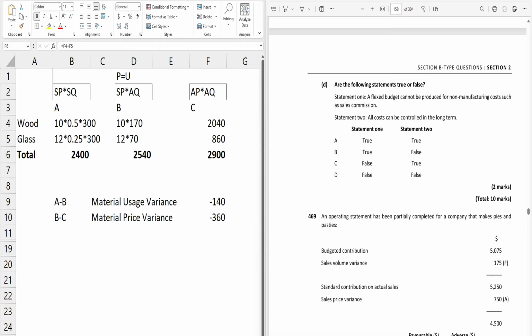Because in long term you have sufficient time to think about the other alternatives available, है ना. तो इसीलिए in long term all costs can be controlled and it's a true statement.